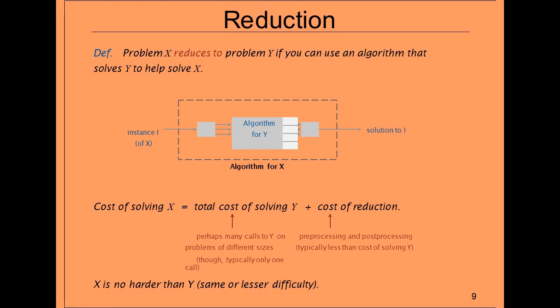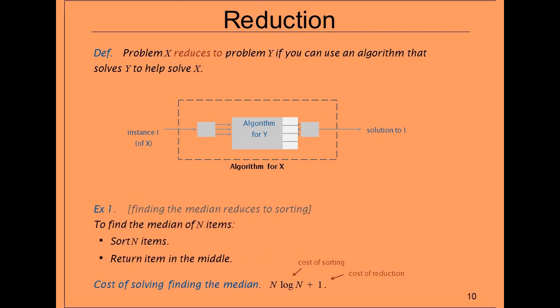Now to understand the NP complete class of problems, we first need to understand the reduction concept. What do you mean by reduction? To understand it, I'll first discuss a problem with an example. The simple example is that finding the median reduces to sorting. What exactly does this mean?